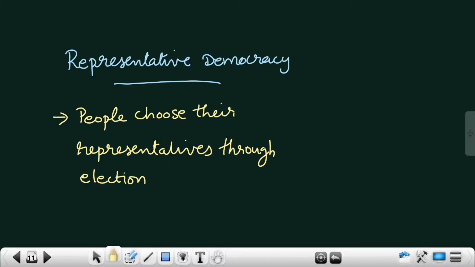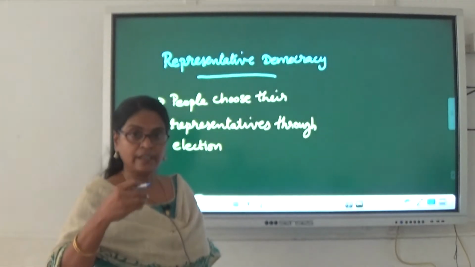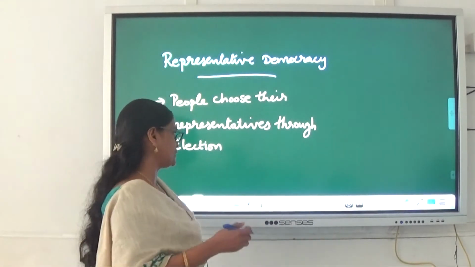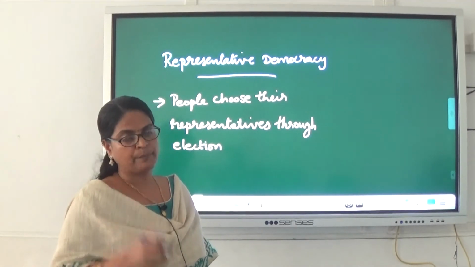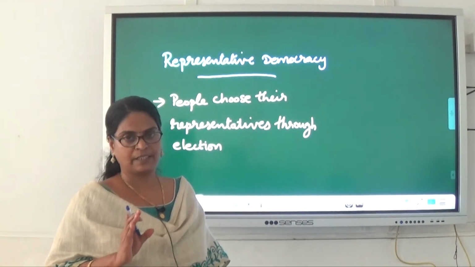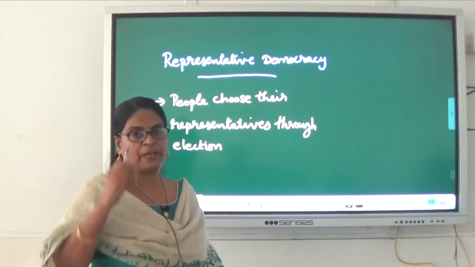People choose their representatives through elections. People have the right to choose their leaders, their representatives, by conducting elections. In elections, they cast their vote and elect their representatives, and these representatives together form the government and make laws on behalf of the people.